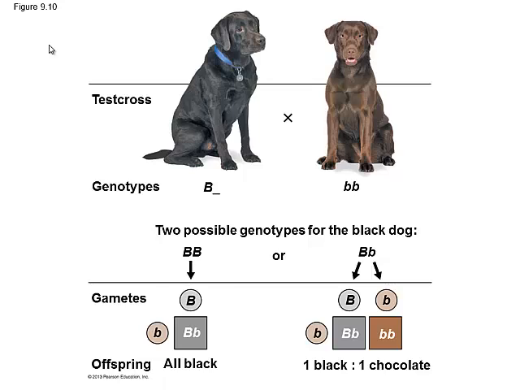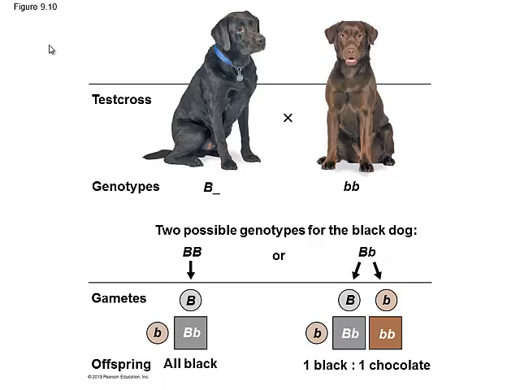So here are the two possible genotypes that we could see for the offspring of that black dog. If that black dog was heterozygous, what are we going to see for coat color if we test cross it with a chocolate lab? If it's heterozygous and we test cross it with a chocolate lab, some of the offspring are going to be what?